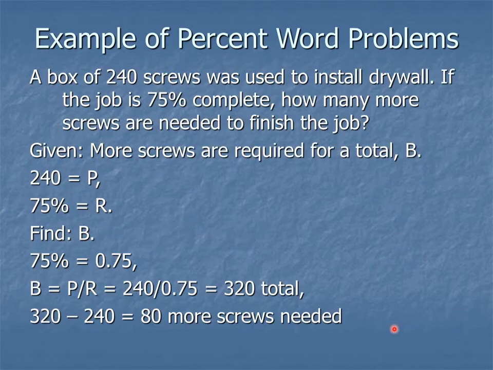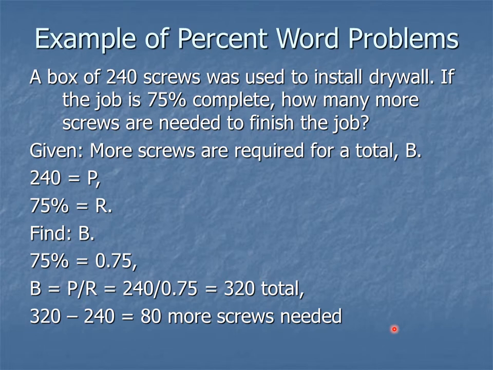Okay, let's look at another example here. A box of 240 screws was used to install the drywall. If the job is 75% complete, how many more screws are needed to finish the job? Now, first of all, you have to identify what is given. As you can see, the percentage is given, so your rate is there, which is 75%.